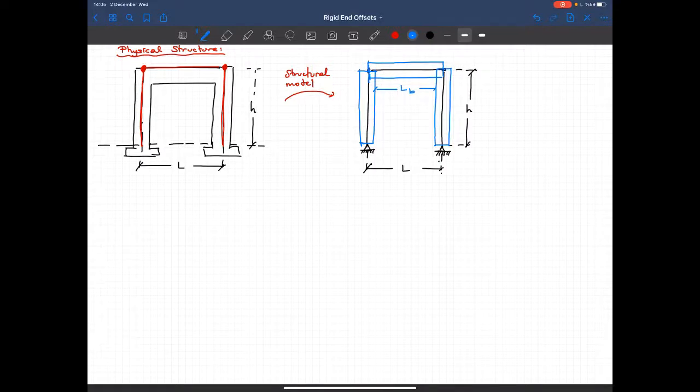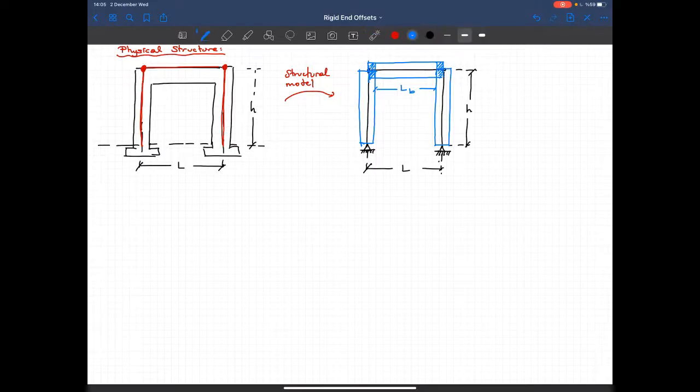It's not L, but it's actually LB. Now this part where it intersects with the column doesn't bend the way the middle part bends, right? This part is much stiffer when you compare it with the middle part. Now the question is, how can I consider this effect in my structural modeling?